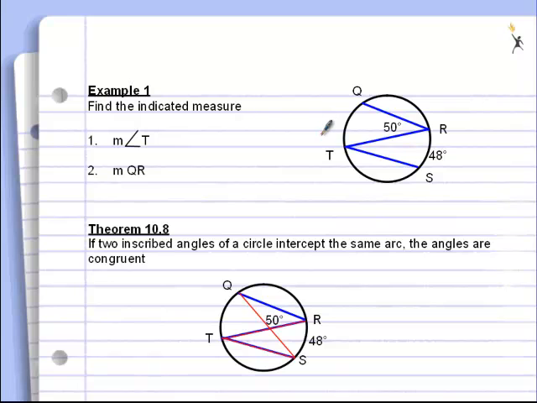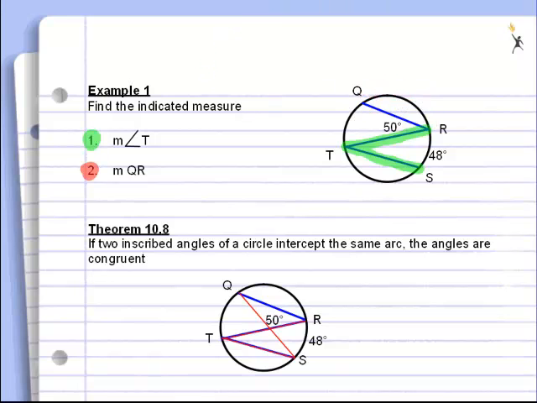In example 1, we're told to find the indicated measure. In this case, we're told to find angle T and the measure of QR. And that should probably be QT.